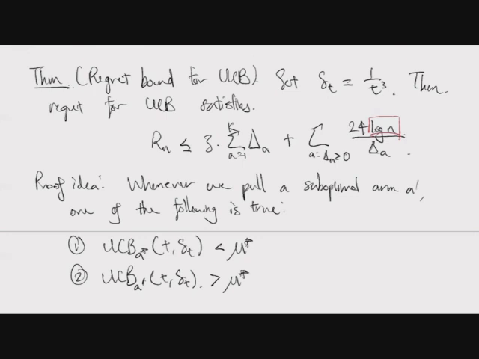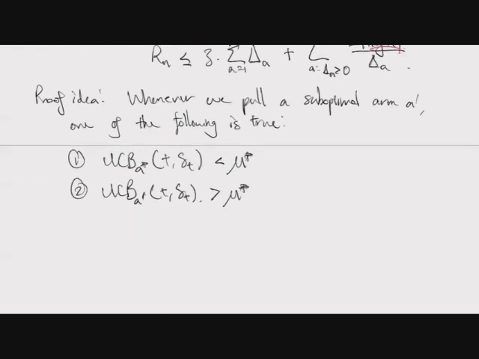So this is a regret bound for UCB. We can also get regret bounds for explore-then-commit. Let me state what that bound is, and then we can do a comparison. Recall what explore-then-commit does. It separates exploration and exploitation into two phases.